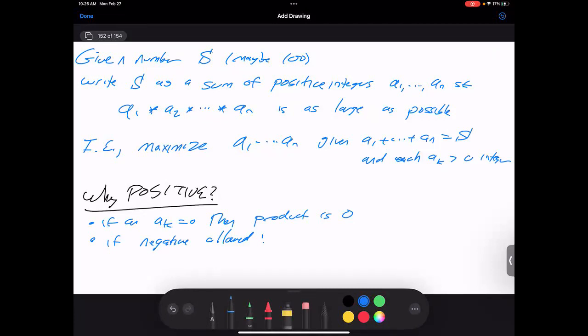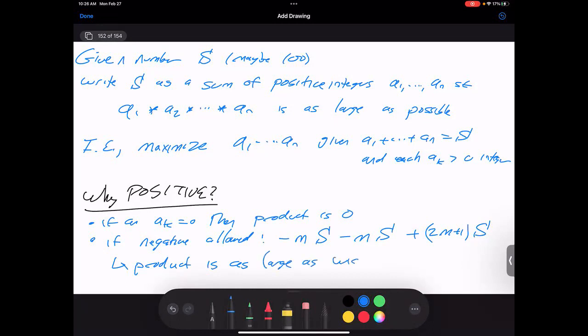So I could do negative ms plus 2m plus 1s. And I can make the product as large as we wish.